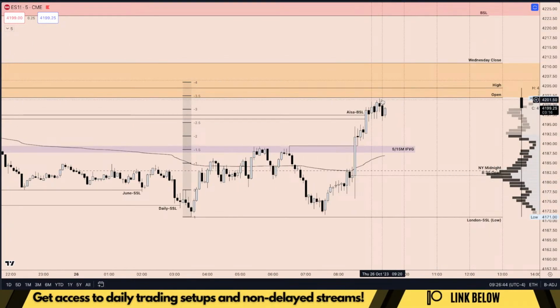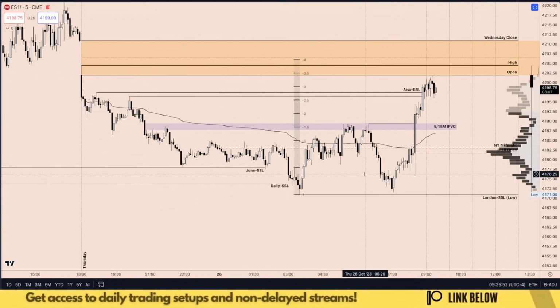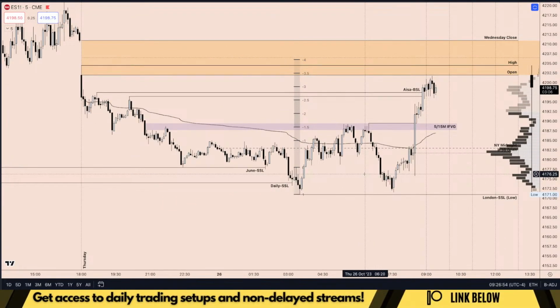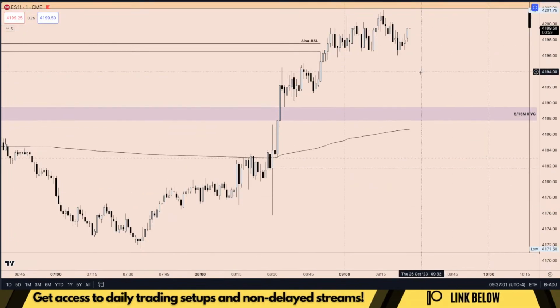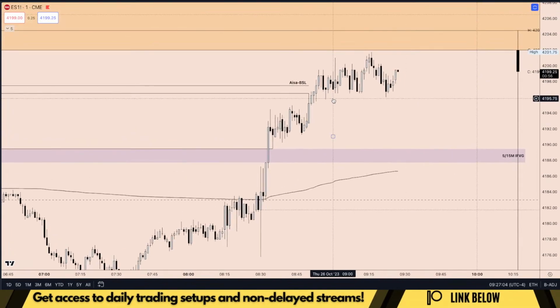We consolidate below the open here on ES. Pump up, retracement down to take out London sell side. Maybe. We will see. 5-minute price action is not the best right now. 1-minute time frame, we go sideways. We took out all these equal lows and started to pull back up.